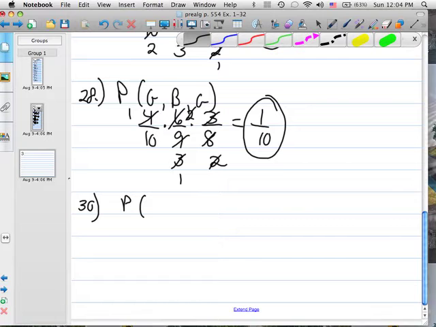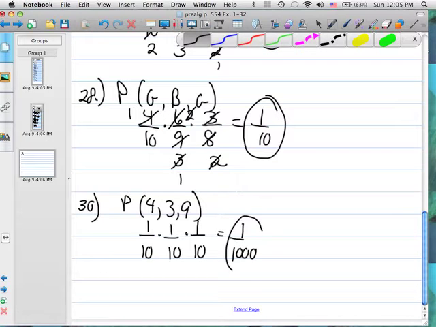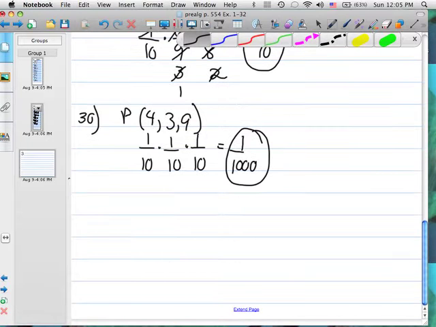So probability that you will have a 4, 3, 9 is your combination. So there is 1, 4 out of 10 possible numbers, 1, 3 out of 10 possible numbers, and 1, 9 out of 10 possible numbers. And you can reuse them. So that's 1 over 1,000 is your probability of having that locker number.